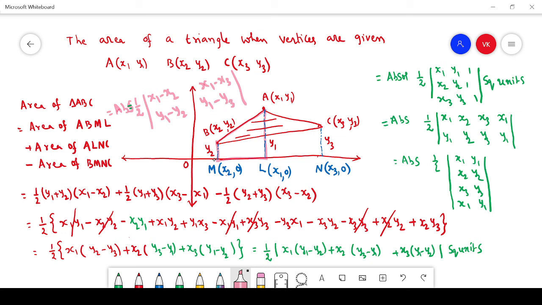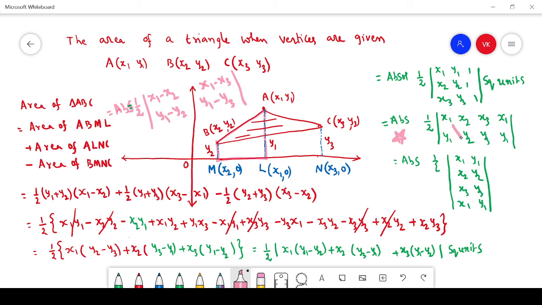And to get the area of any polygon, we just extend this formula. If we need the area of a quadrilateral, then what will we write? The absolute value of half times x1, x2, x3, x4, x1 over y1, y2, y3, y4, y1. How to simplify this?